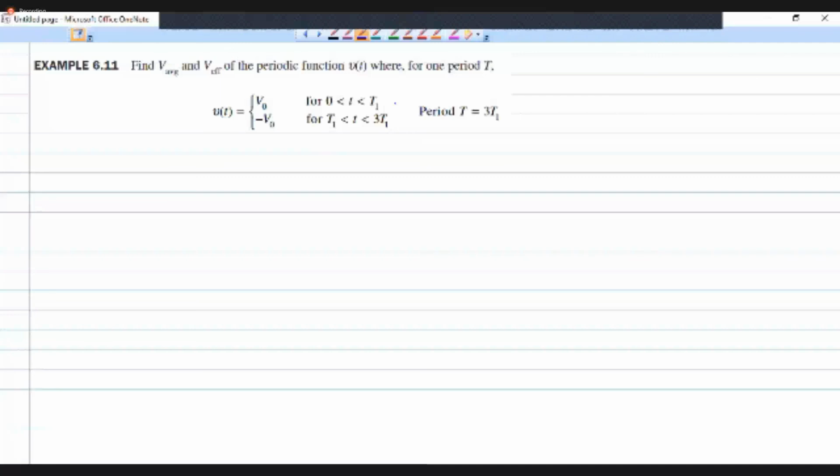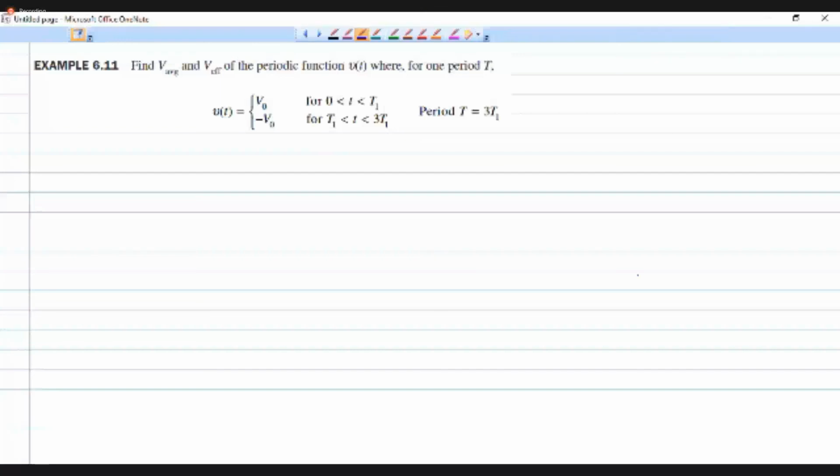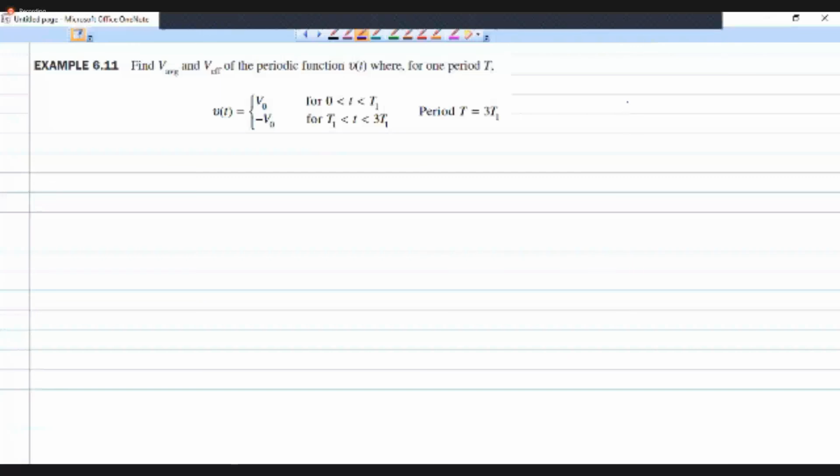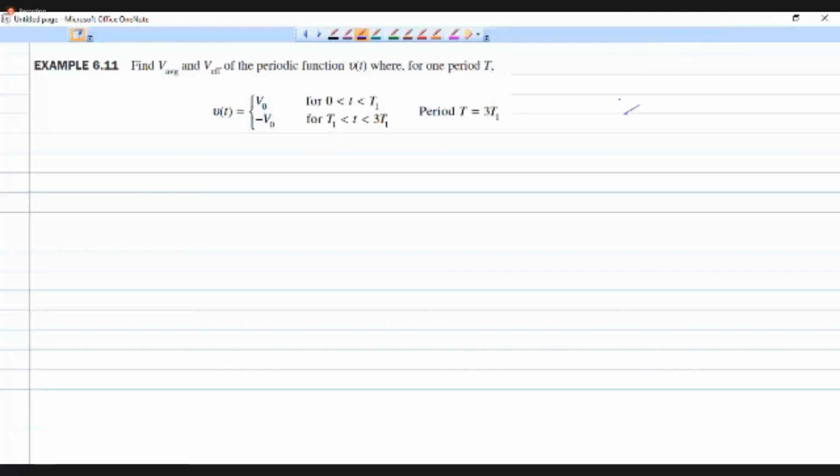After this, we will be seeing some of the standard signals, like the unit step function. Then we will see what is the delta Dirac function, otherwise called the delta function or impulse function. Then we'll see how we can represent a network in which a switch is attached, and you throw the switch at various positions. So how we can analyze such a network by representing that in terms of these standard functions, that is the unit step function as well as the delta impulse function.